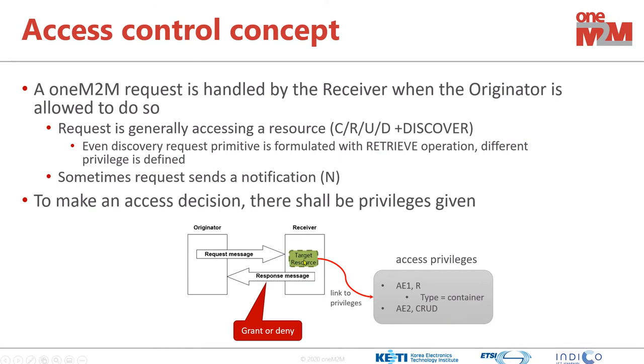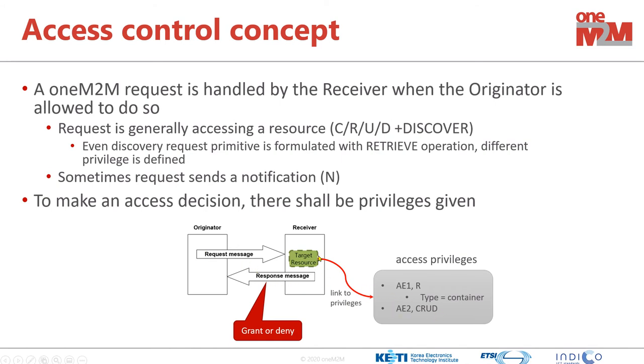So this is the target resource, and there is binding information for the access privileges. When someone hits this resource, the CSE, the receiver, will find the matching privileges to make a decision whether the CSE grants and processes the request, or denies it and sends back a failure response to the originator.